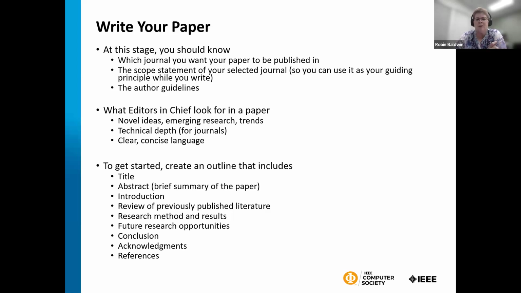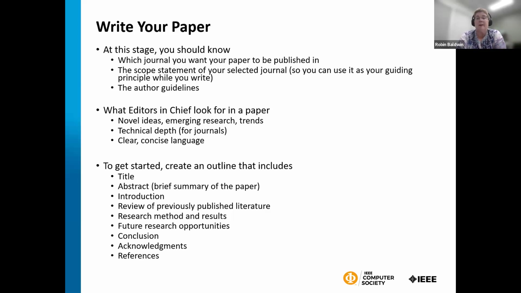And at this stage, I recommend creating an outline for your paper. And the items listed here include the various parts of an actual article. So you have your title, your abstract, which is a brief summary of the paper, an introduction about your topic, a review of previously published literature.